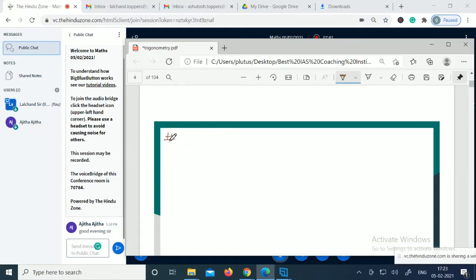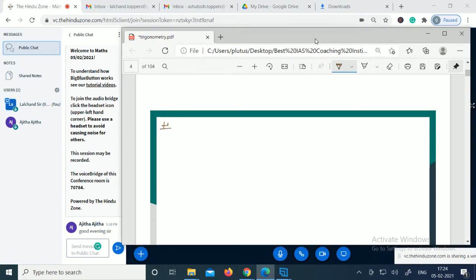In trigonometric ratios, we have ratios like sine theta, cos theta. I mean, you have a basic idea how we define sine theta and cos theta. There is no need to explain all those things. Yes, sir. I have an idea. Other than this, we have some basic identities, three basic identities. First identity is sine square theta plus cos square theta equals 1.